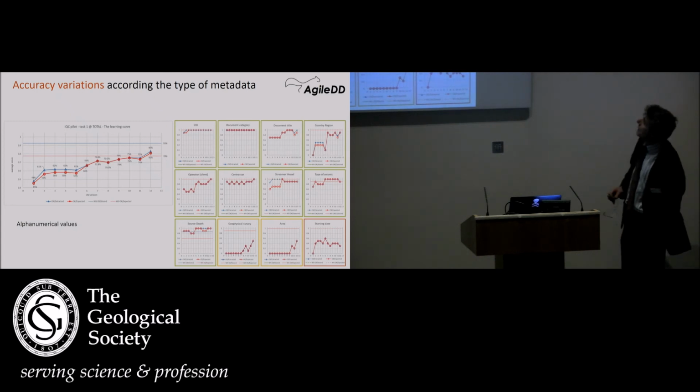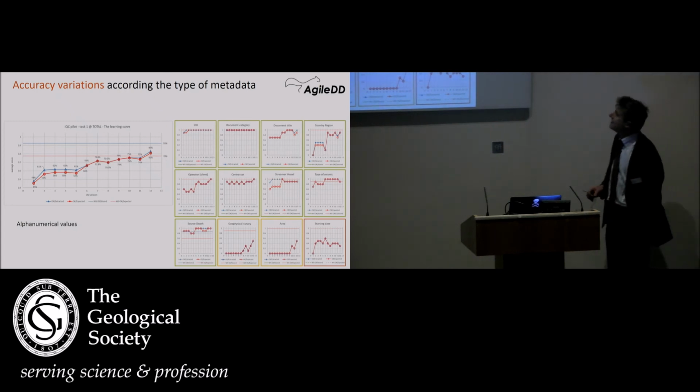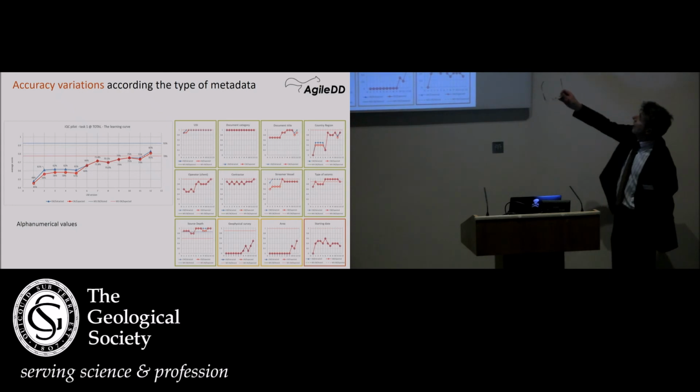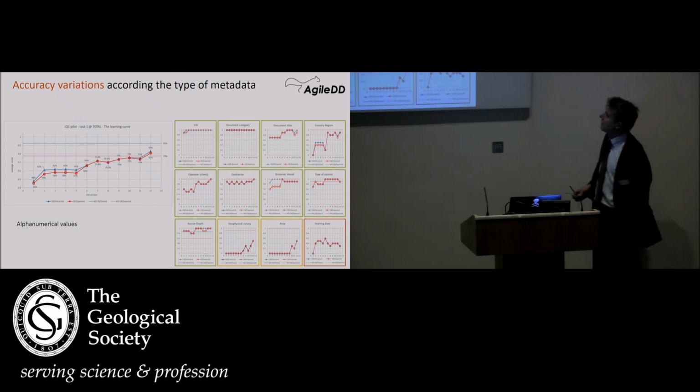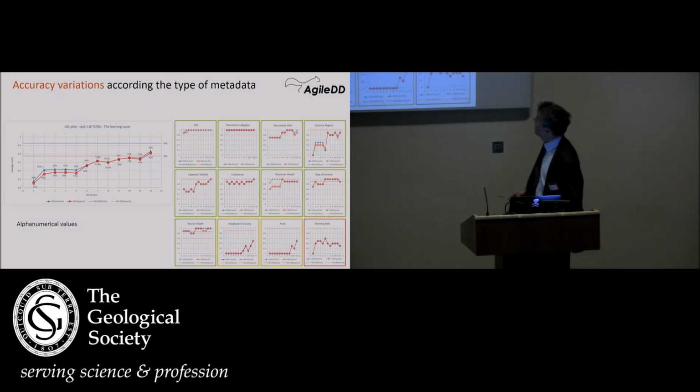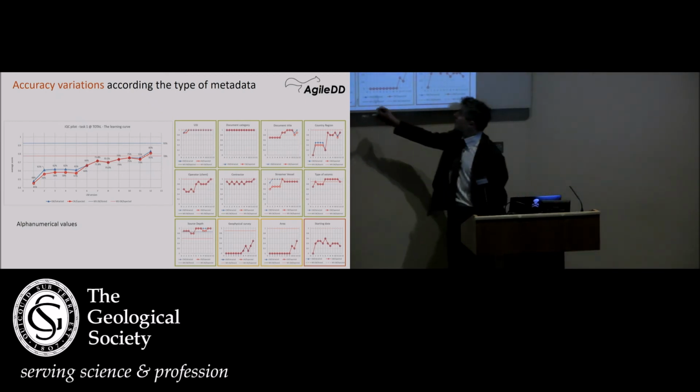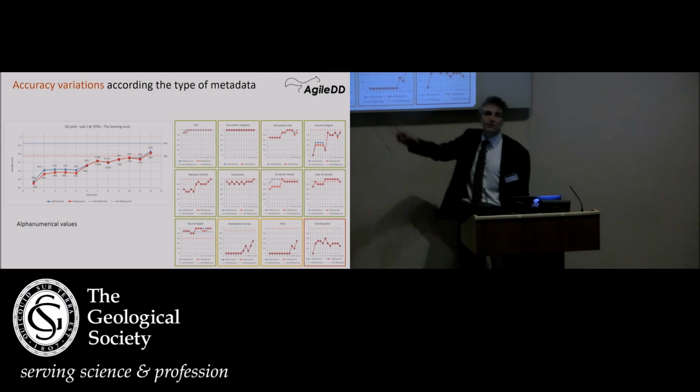For the alphanumerical values, some were easy to extract because you can apply a dictionary, but others were difficult to extract, like the survey name. We have seen that together at the beginning.